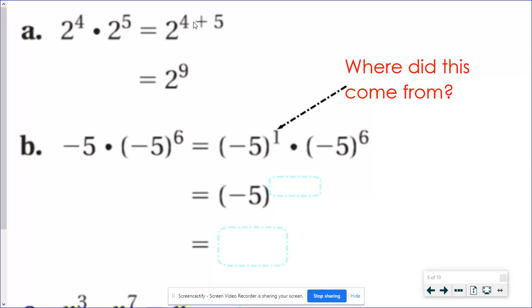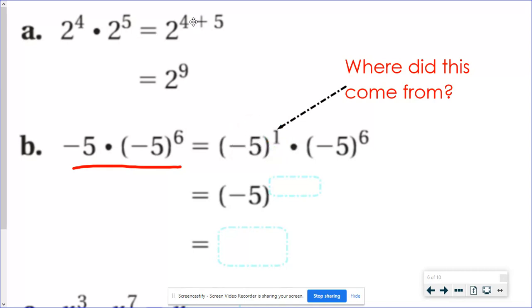In part B, I want you to notice something that I wrote out. It's very much like A, but I took this original problem and I put this 1 right there, and I want to know where that 1 comes from. And I've mentioned an exponent of 1 before. An exponent of 1 is always on every number that you see if there isn't another exponent there.